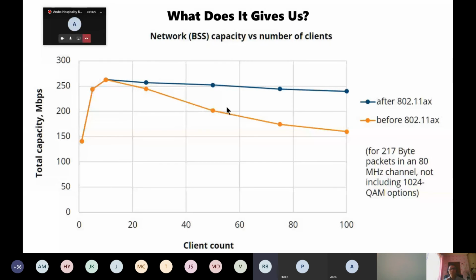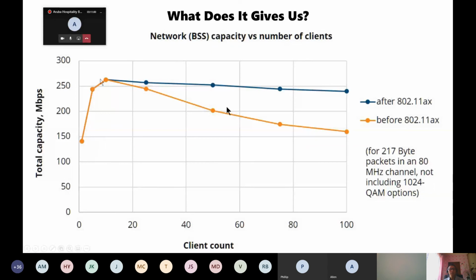More importantly, this is the chart that you want to understand, and this chart is about network capacity. Network capacity is the total capacity of your AP versus the number of users connected to it. At the bottom you will see the client count, and this is the total capacity of the AP in throughput. When you have few clients, obviously you're not going to maximize it.